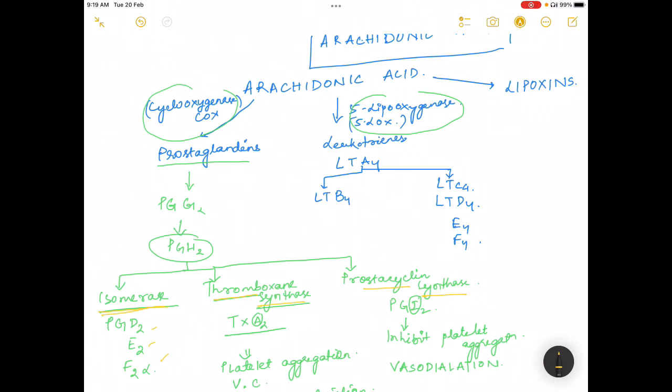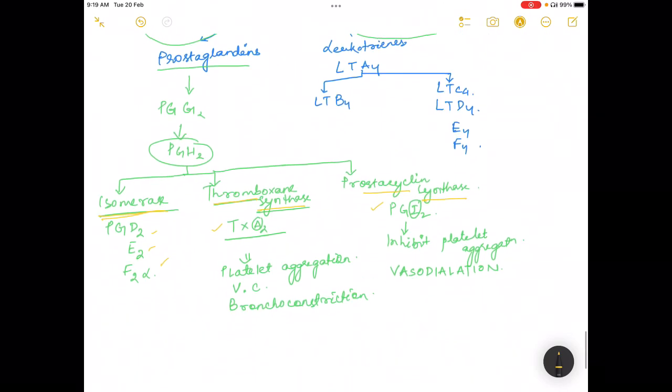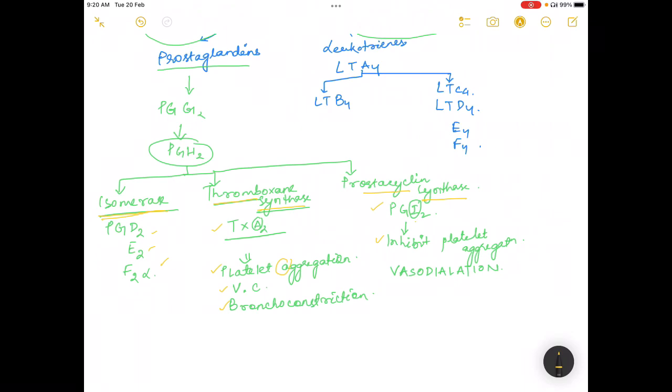Prostacyclin synthase gives PGI2 and thromboxane synthase gives thromboxane A2. So A for A, remember. Thromboxane A2 causes platelet aggregation, vasoconstriction and bronchoconstriction. PGI2, I for I, you can remember, inhibits platelet aggregation and causes vasodilatation.